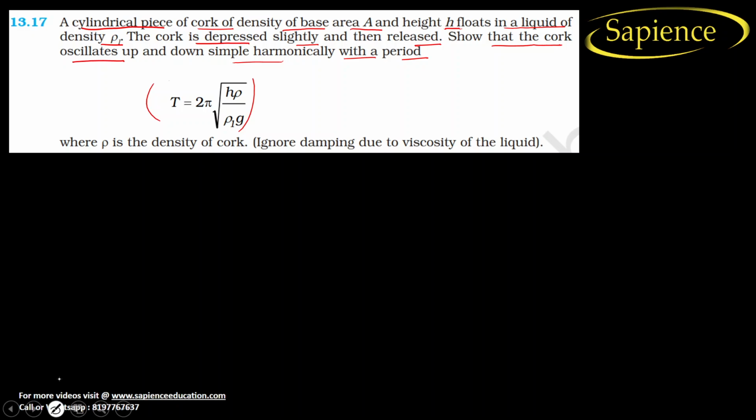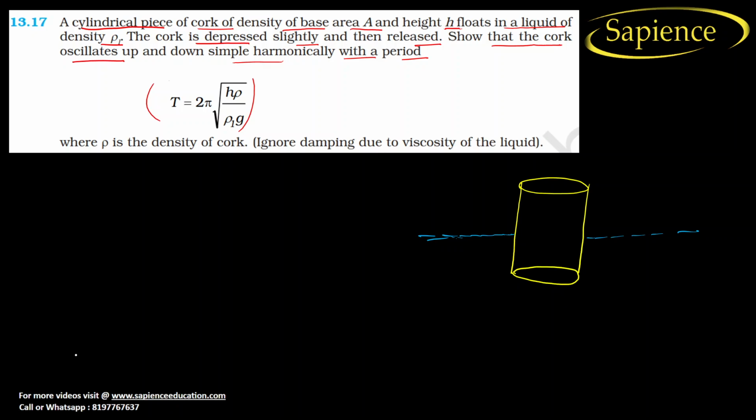So basically there is a cylindrical cork immersed in a liquid. Let us consider the liquid is at this level.